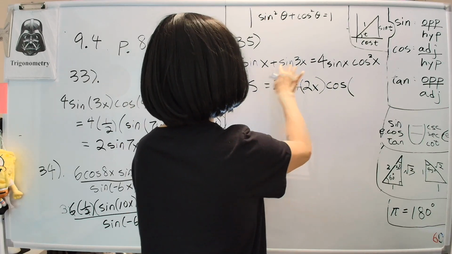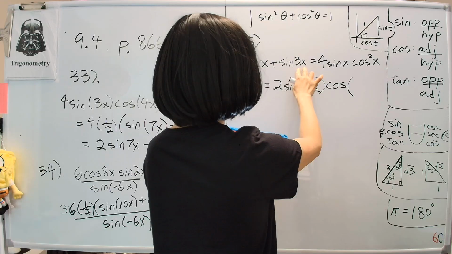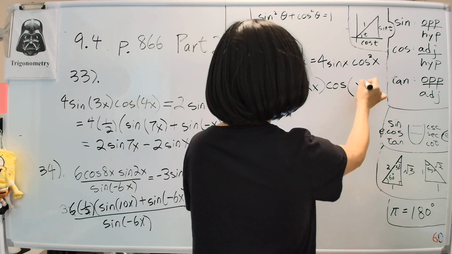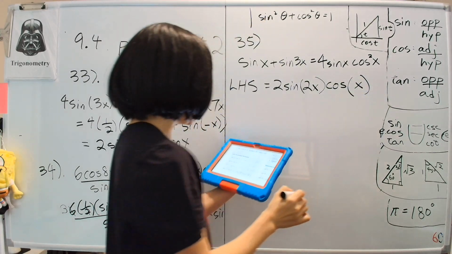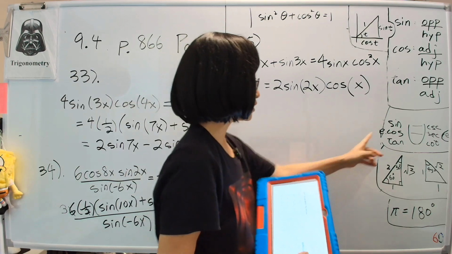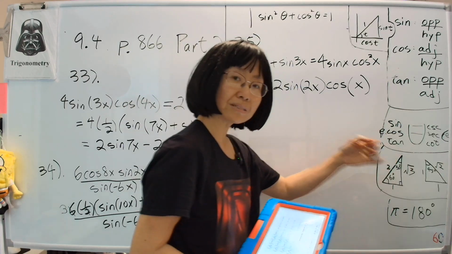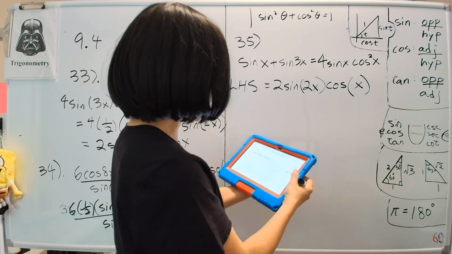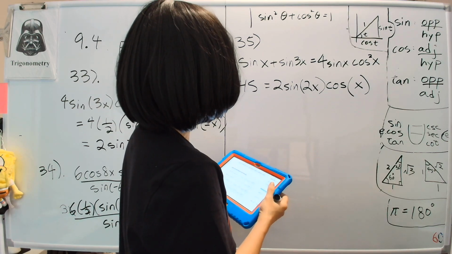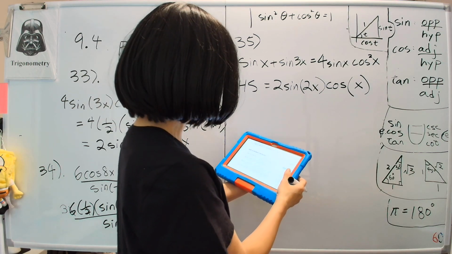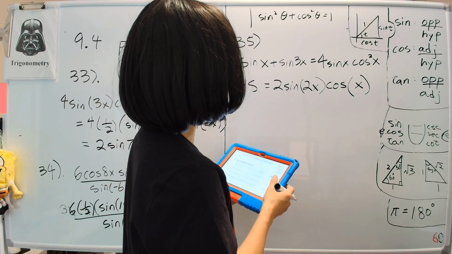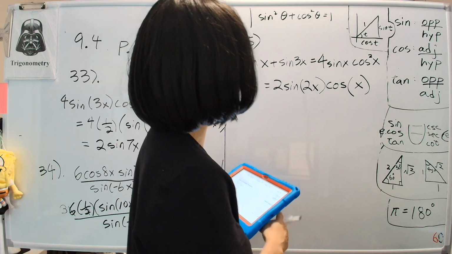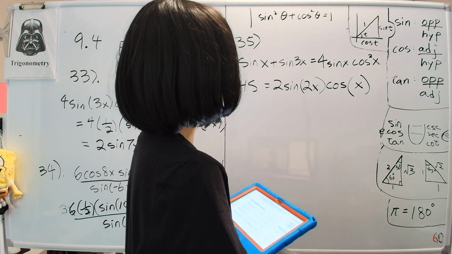So then x minus 3x, that's negative 2x over 2, that's just negative x. And cosine of negative x is just cosine x, because cosine is an even function. Okay, so if there's a negative sign inside, you can just throw it away. So now I got this thing. All right, so that gives us 2 sine 2x times cosine x.